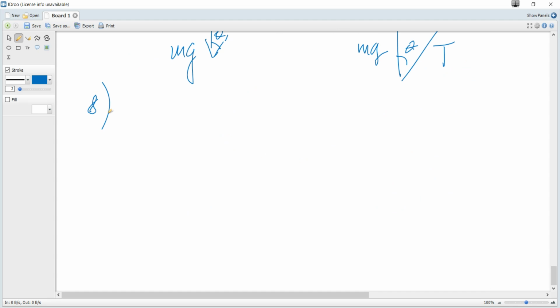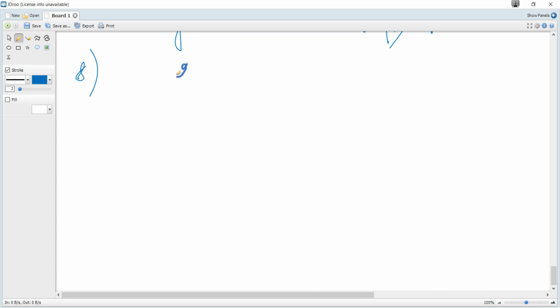8. A block of mass 2 kilograms accelerates uniformly at a rate of 1 meters per second squared, so acceleration is 1, when a force of 4 newtons acts on it. The force is doubled while the resistive force stays the same.